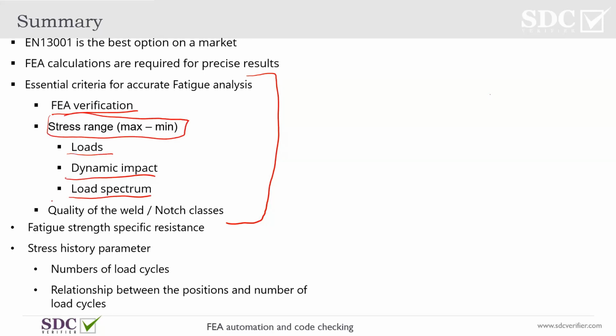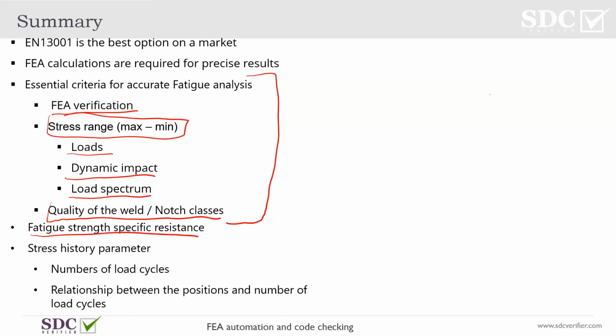The next thing is, of course, the quality of the weld, our notch classes. If it's not set up properly, you're simply overlooking these areas and receiving the wrong results. That's a short conclusion. If you're ending up with welds of poor quality, so it's not ground down, or you don't have a smooth transition, you involve this extra notch effect, which is a significant influencer in fatigue.